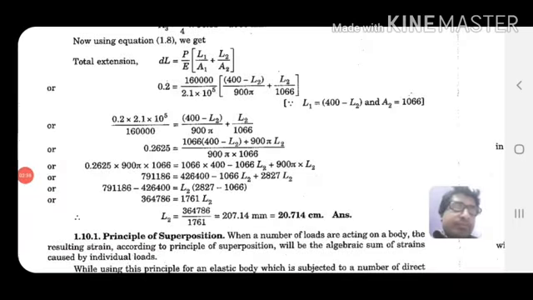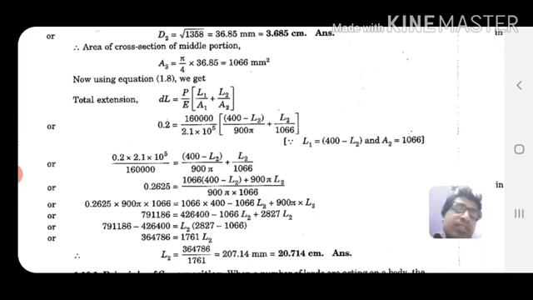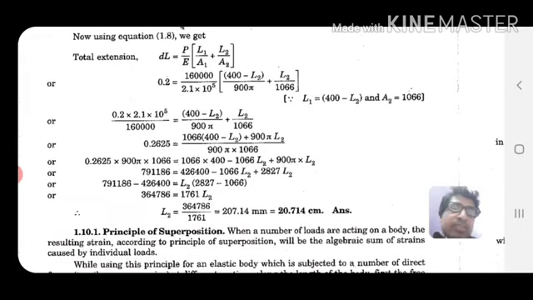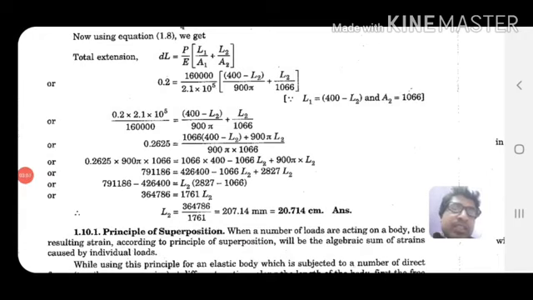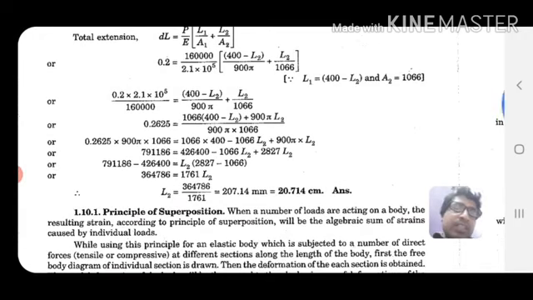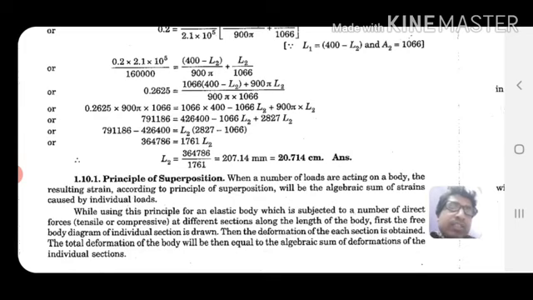Now using the equation total extension dl is equal to P by E into L1 by A1 plus L2 by A2. So 0.2 is equal to 160,000 divided by 2.1 into 10 to the power 5, into 400 minus L2 divided by 900 pi plus L2 by 1066.